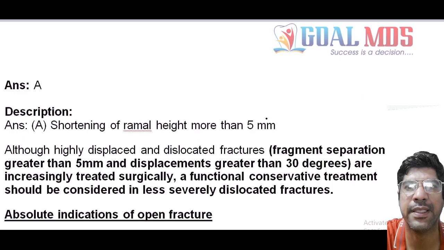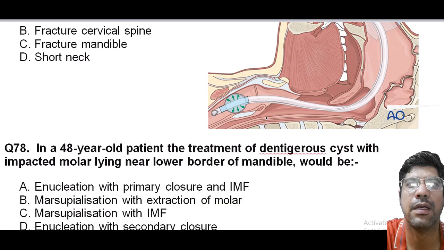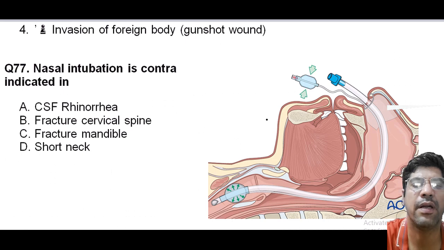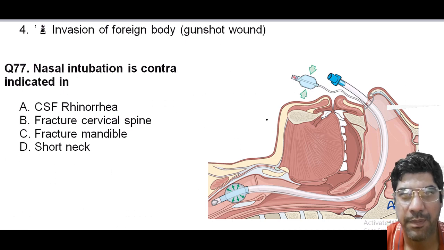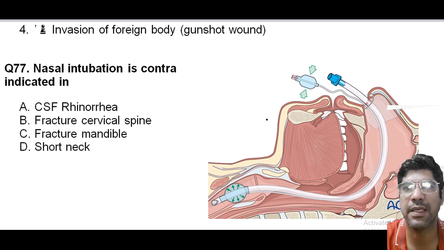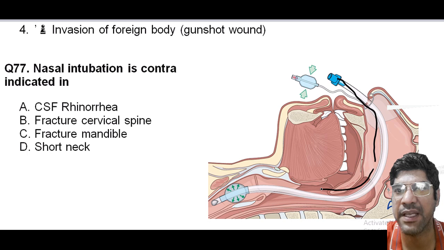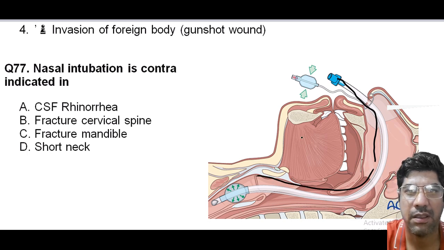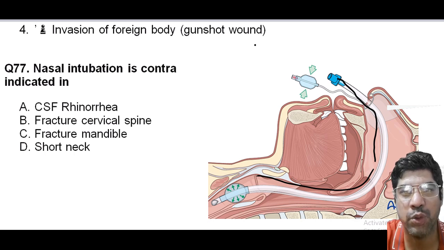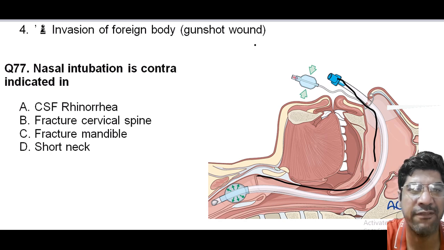Nasal intubation is contraindicated in CSF rhinorrhea. So CSF rhinorrhea is the leakage of the cerebrospinal fluid from the nose. That can occur due to fracture of the base of skull.